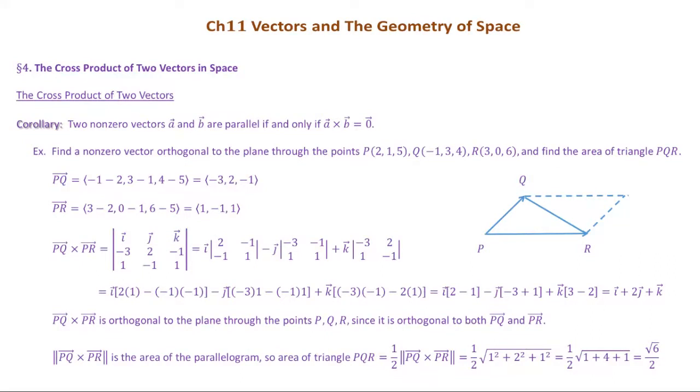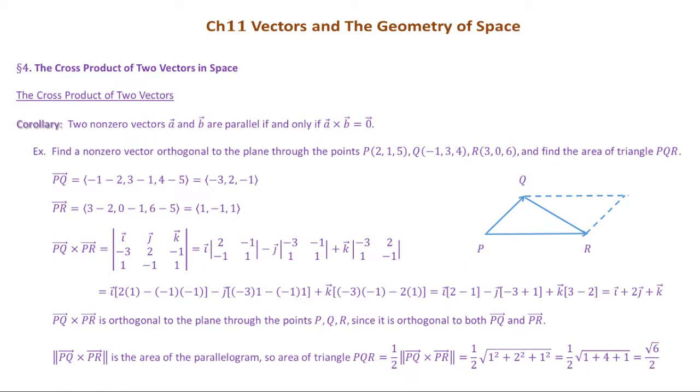Okay, so we got the first part finished, and then we need to find the area of triangle PQR. Remember, I just discussed a few minutes ago the magnitude of the cross product gives you the area of the parallelogram determined by those two vectors PQ and PR shown in the graph.